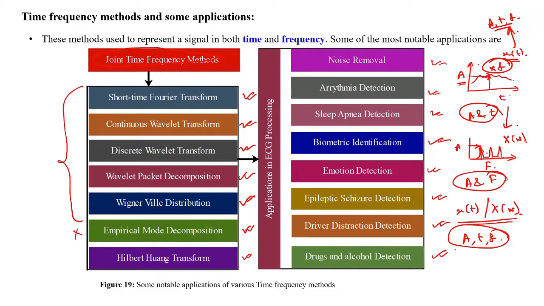These joint time frequency methods allow us the localization of all these three parameters in a single graph, which is not possible in the conventional time domain and frequency domain signals.